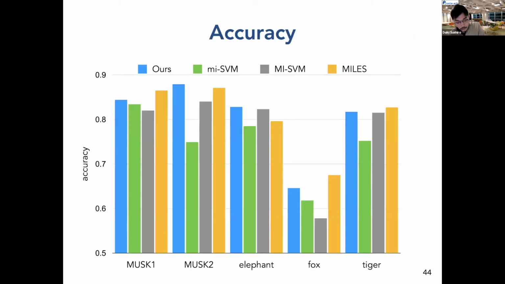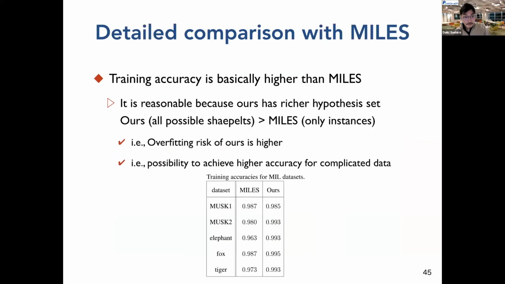And we can see that our methods achieved significantly higher accuracy than small MISVM and capital MISVM. And MILES and ours have competitive performance. And we want to show the detailed comparison with MILES. We can see that in this table, the training accuracy of ours is basically higher than MILES.